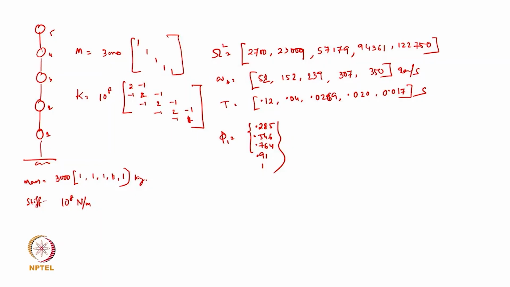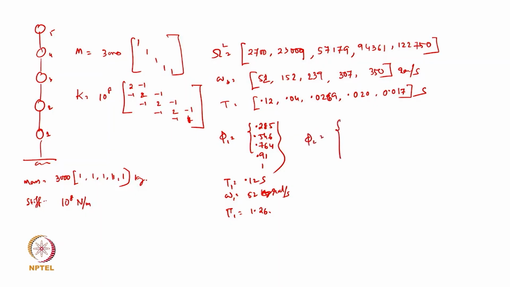First mode shape corresponding to time period of 0.12 second and frequency of 52 radian per second. Okay, so that is the scenario. Now I can also see that the modal participation factor of this one is 1.62. And maybe I can do the phi 2 also.